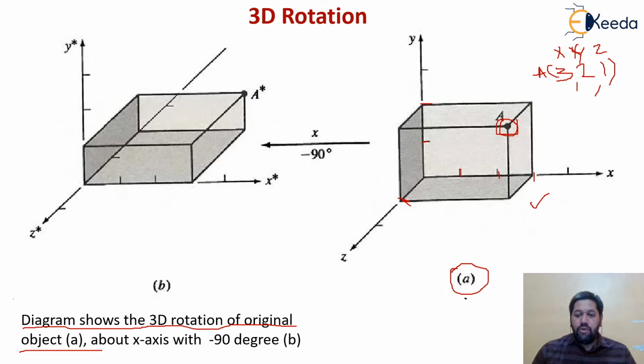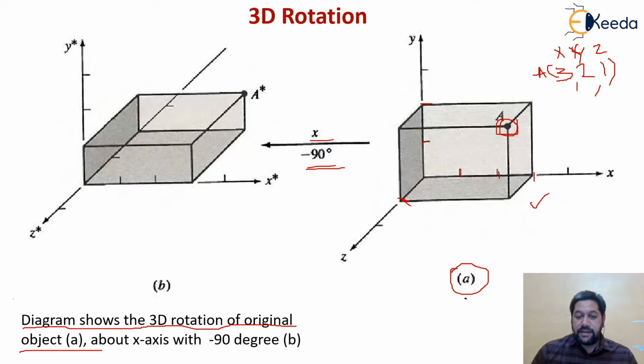Now, suppose I want to rotate this particular object about the x-axis. I'm rotating this object about the x-axis with an angle of rotation of minus 90 degrees. In that case, what is going to happen?